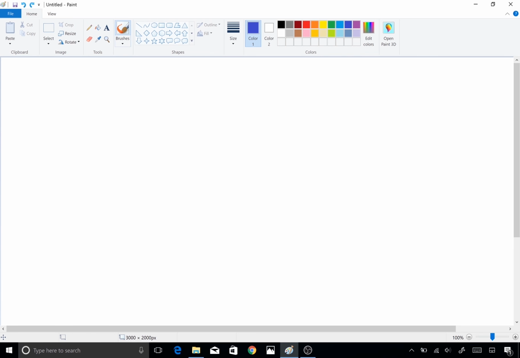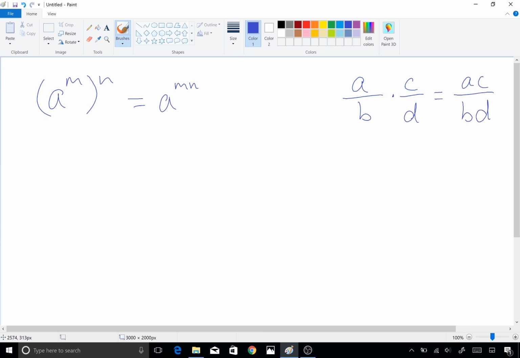The power rule says a to the m to the nth power equals a to the m times n. And remember, when multiplying fractions, you multiply the numerator times the numerator and the denominator times the denominator. For example, a divided by b times c divided by d equals ac over bd.